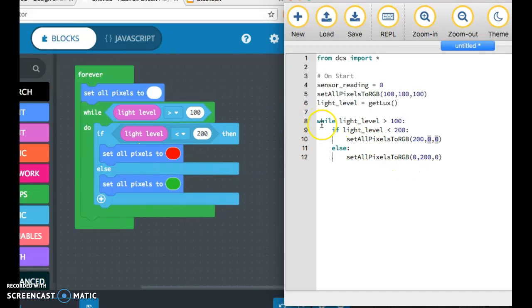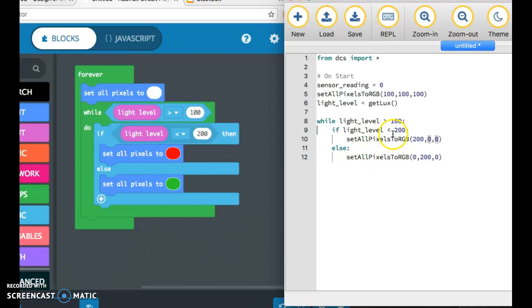And in the while loop is the if statement. And it's really interesting to see how Mu uses these two tabs, while Adafruit uses the while loop as an enclosure, but they all mean the same thing.